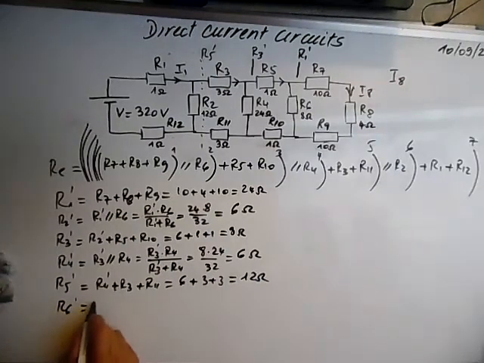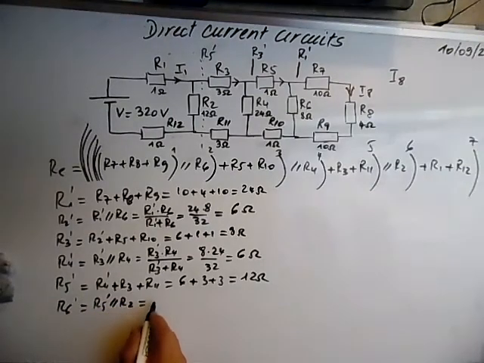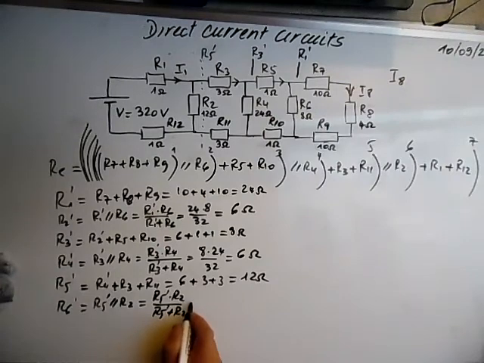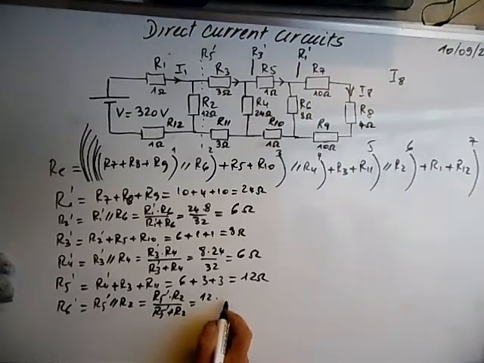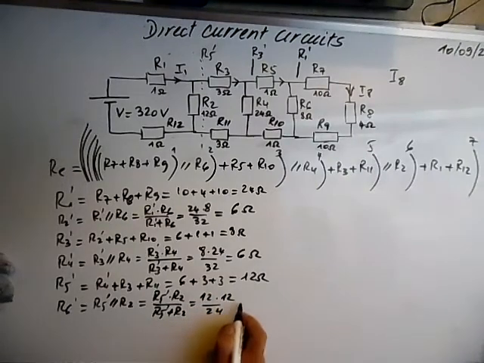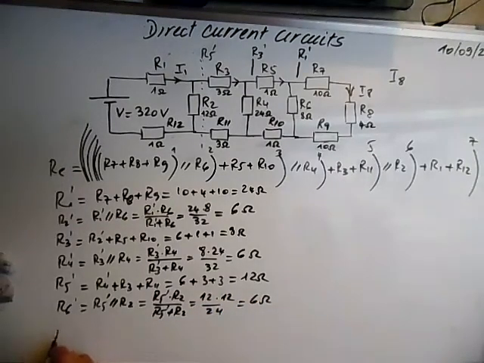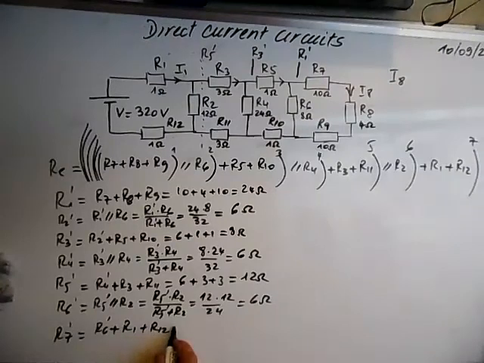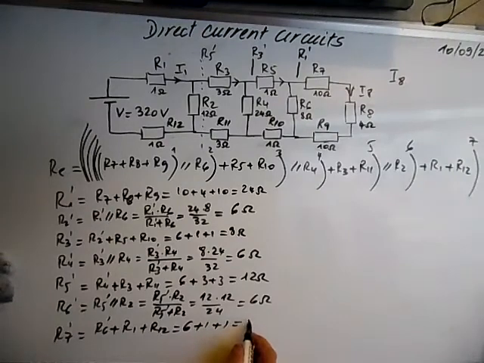R6 prime is R5 prime in parallel with R2, and this is R5 prime times R2 over R5 prime plus R2, and this is 12 times 12 over 24, and it's half, 6 ohms. Now we calculate R7 prime. This is R6 prime, we add R1 and we add R12, this is 6 plus 1 plus 1, and will give us 8 ohms.